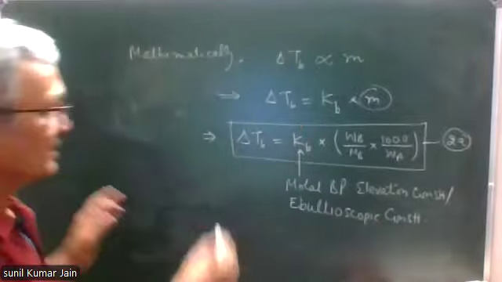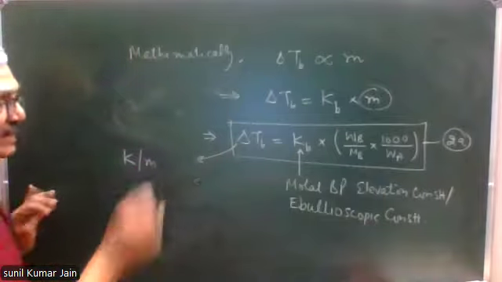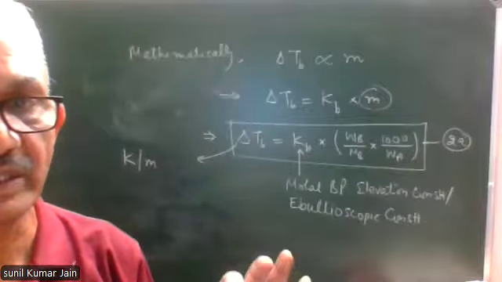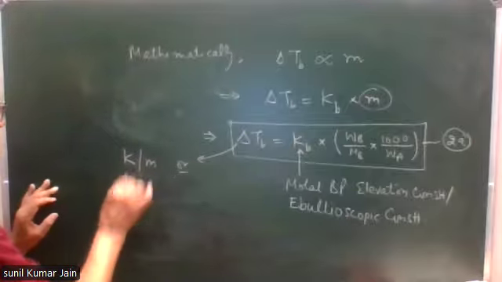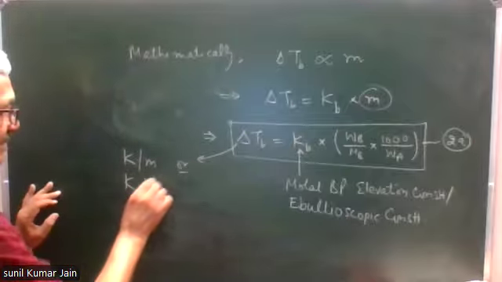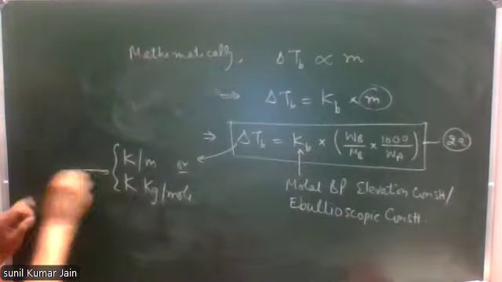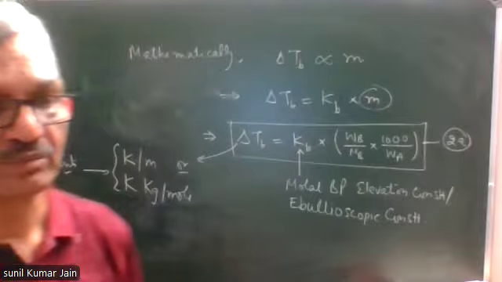Its units are K by M. We pronounce it Kelvin per molal, or Kelvin kg per mole.